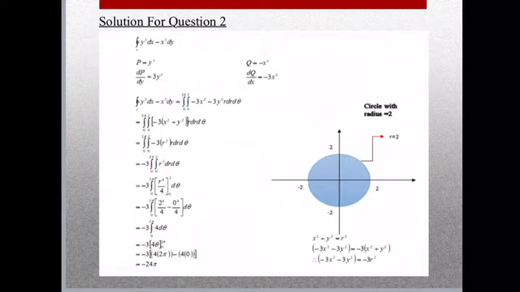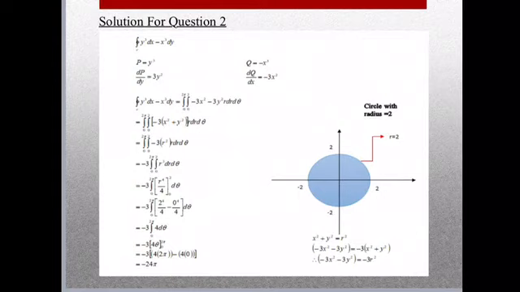First, we must know what P and Q are. P is y cubed and Q is negative x cubed. Differentiating P with respect to y gives us 3y squared, and differentiating Q with respect to x gives us negative 3x squared.